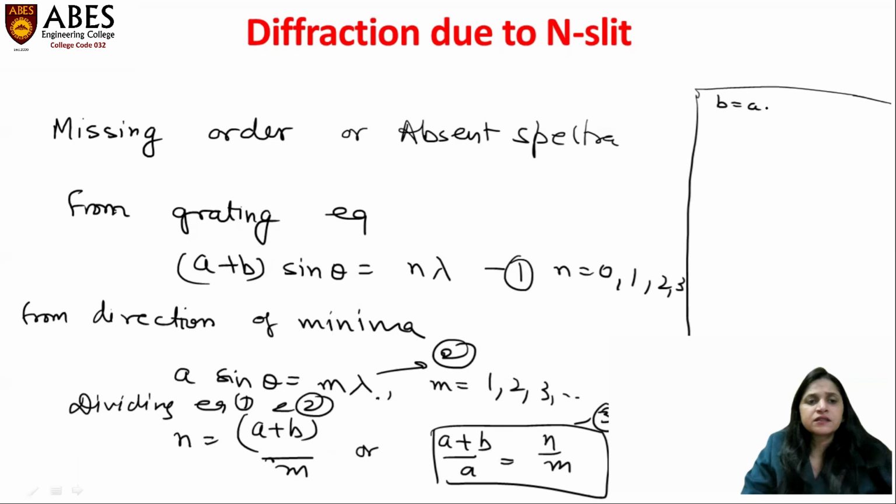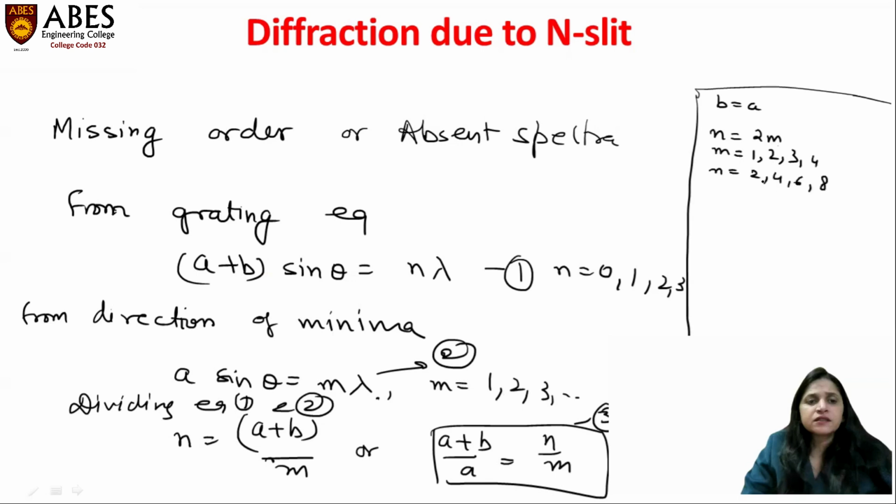If we put this value over here, then n equals 2m. If m equals 1, 2, 3, 4, then n equals 2, 4, 6, 8.